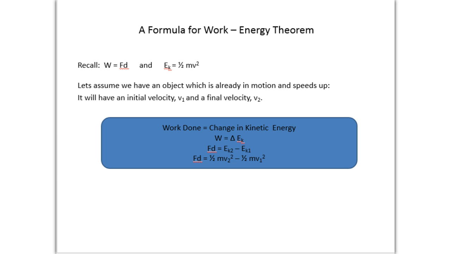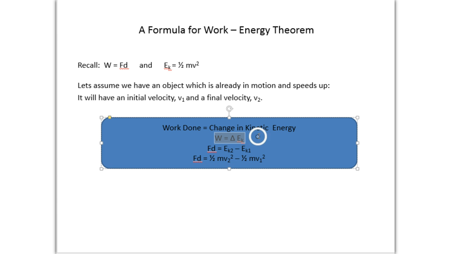So let's come up with a formula now for the work energy theorem. We said in the first slide that work is equal to change in kinetic energy. Now that's assuming it's frictionless and a smooth horizontal surface.